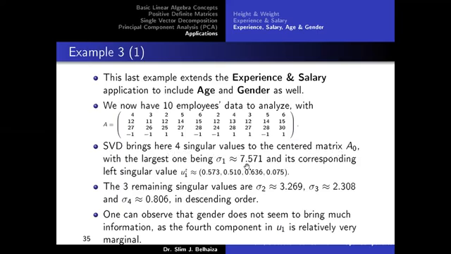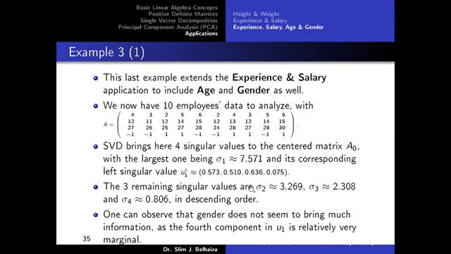And applying my principal component analysis, I have the first left singular vector, which is associated to the largest singular value, 7.57. In my decomposition, the 3 remaining values are much lower than the first sigma 1.